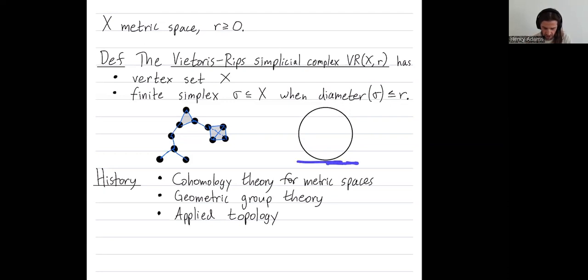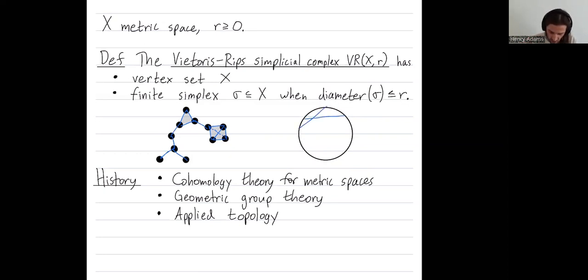A perspective that folks recently, including myself, have looked at is what happens when you build a Vietoris-Rips complex not necessarily on a finite space or a discrete space, but maybe a continuous space, such as this circle here, this manifold. So it gets a little bit more complicated because let's say I still have my scale parameter 1 inch.